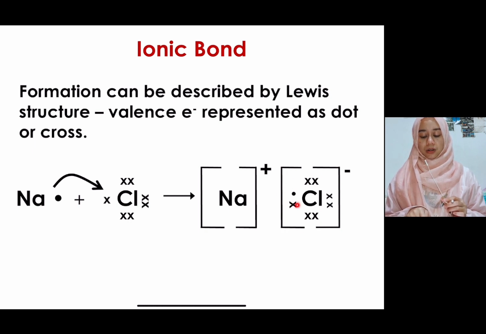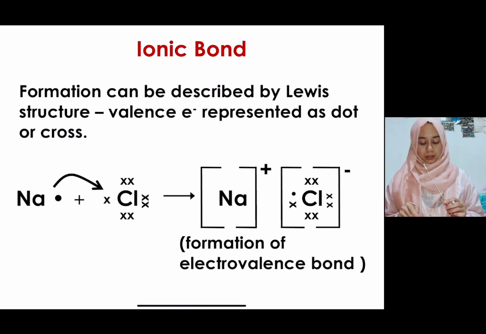Okay, so since kita punya sodium dengan chlorine ni dia menjadi ion, so that's why kita letak dalam square bracket ni lah. And then jangan lupa sebab sodium ada dia donate electron, therefore it has to be positively charged here, whereas Cl pula dia gain electron, that's why kita letak negatif kat sini. So this is considered as the formation of electrovalent bond ataupun ionic bond tadi.